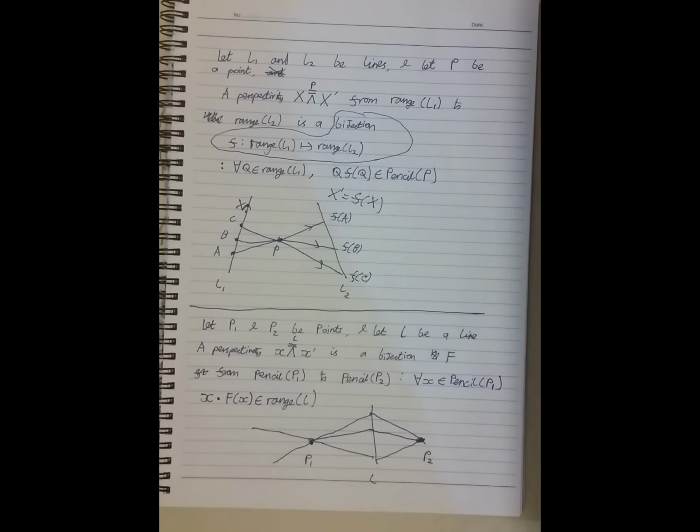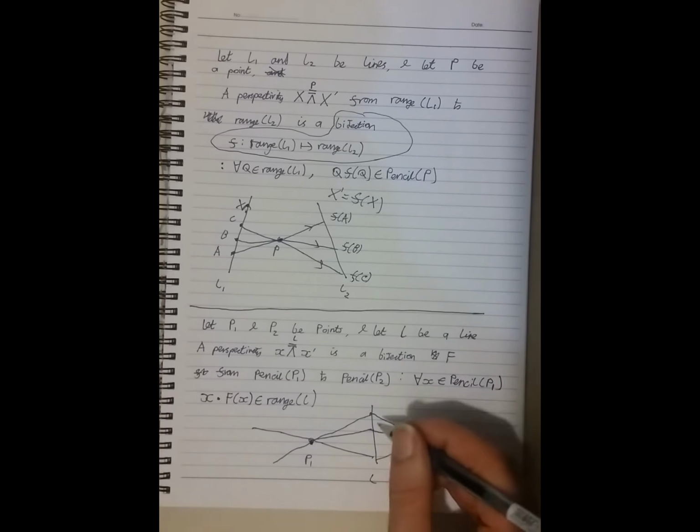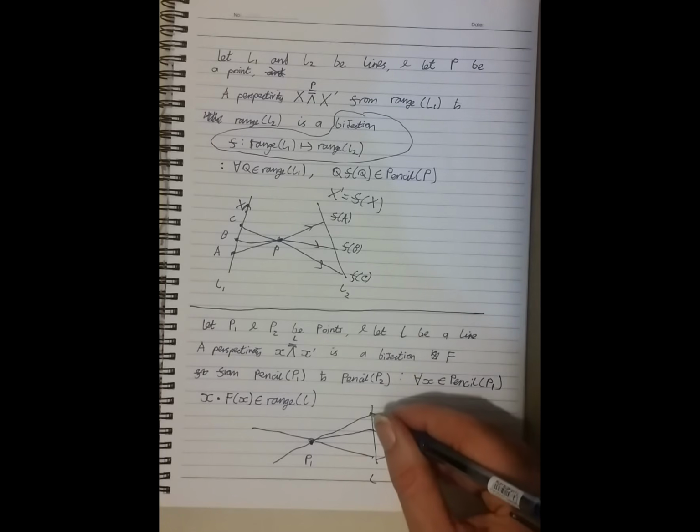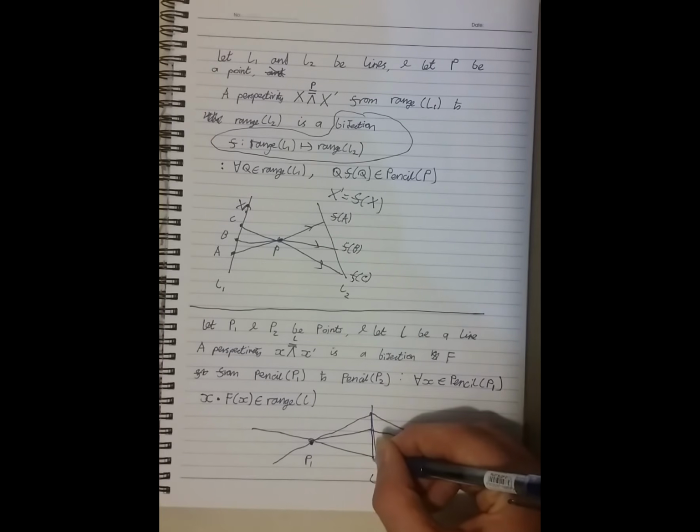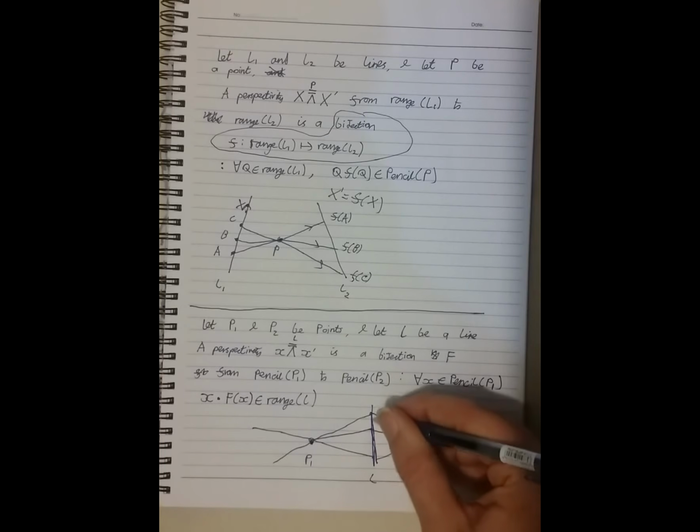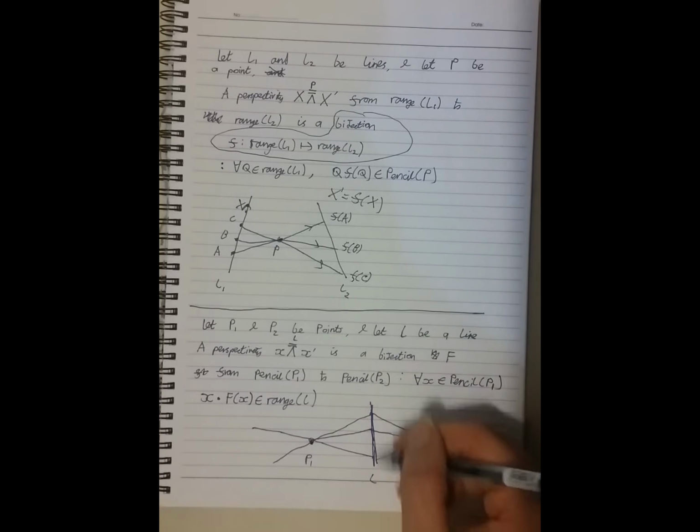Much like in perspective drawing, parallel lines are supposed to meet upon the horizon. So in some sense, you could think of this so-called axis of perspectivity L as acting something like a horizon, where equivalent or parallel lines meet.